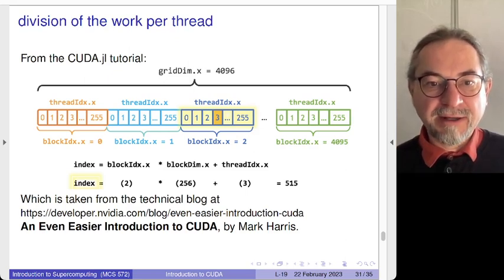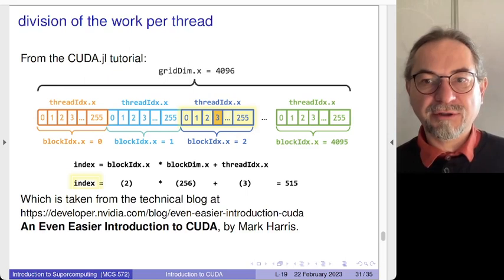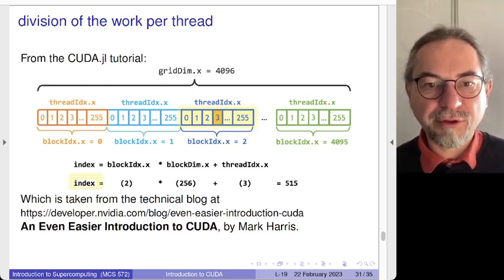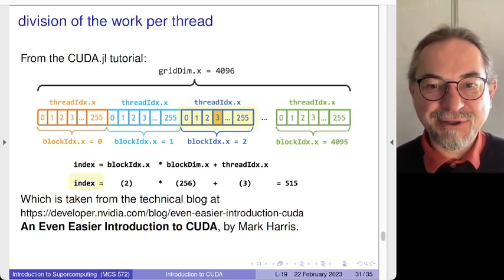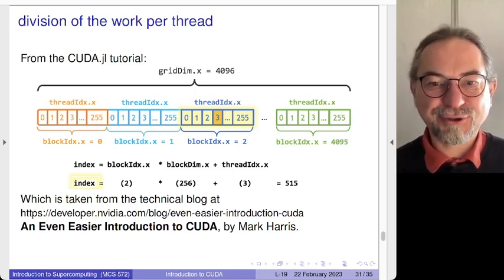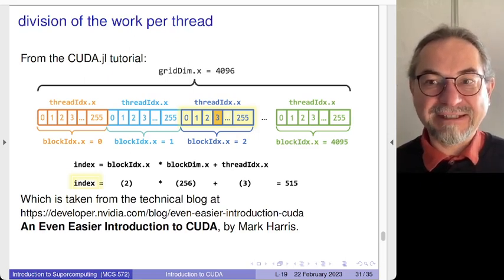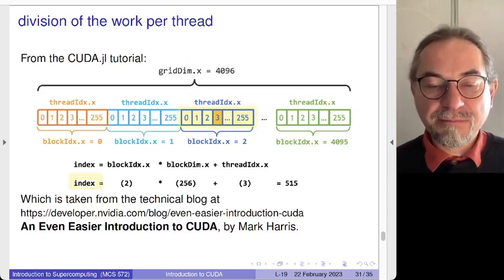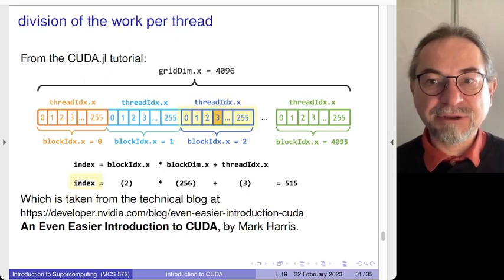256. And in this picture that I took from the Julia CUDA tutorial, which was taken from the suggestive title, An Even Easier Introduction to CUDA, it could be that if you look at that technical blog, it's even easier than what I explained. You see the assignment of the work.